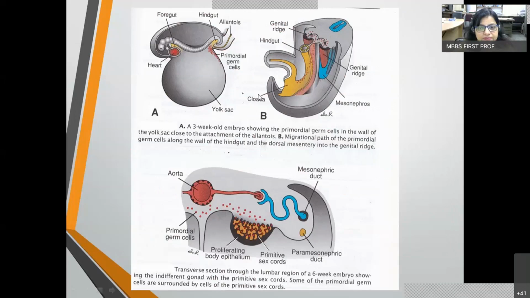So see, this is the dorsal mesentery of the gut over here. There's a yolk sac, and by the side of this, the primordial germ cells are lying in the wall of the yolk sac. They migrate in this arrow direction and they invade the genital ridges, allow the differentiation, and form the male or female reproductive system. See, this one is again shown in an enlarged form where you can see the differentiation in the genital ridges.